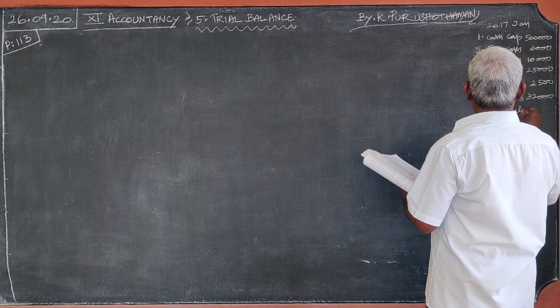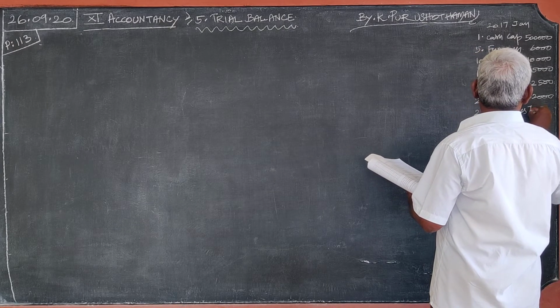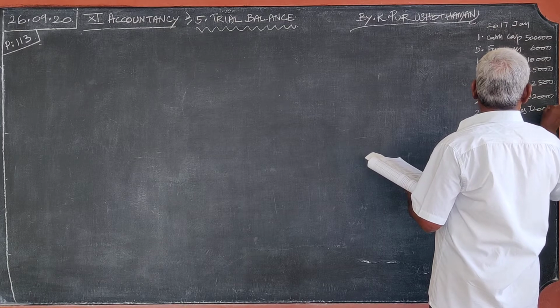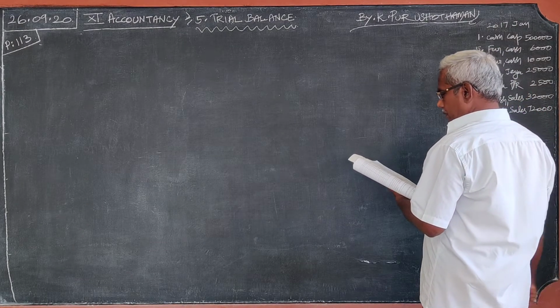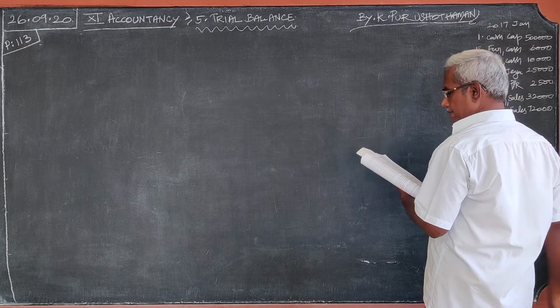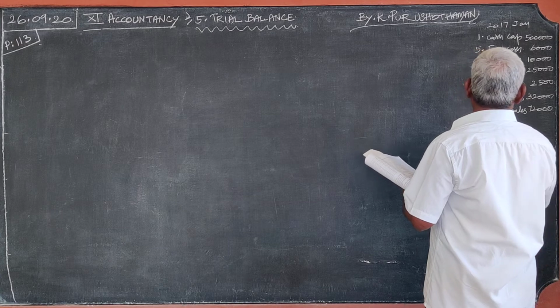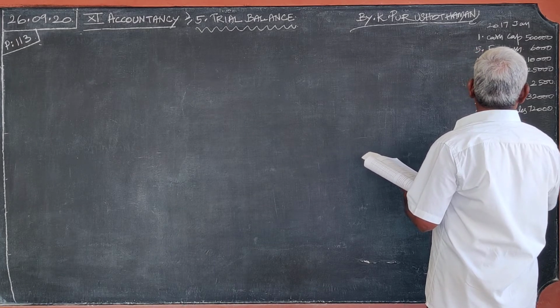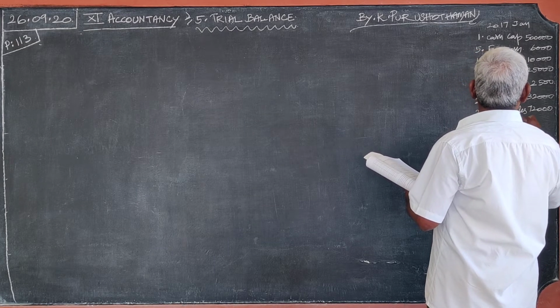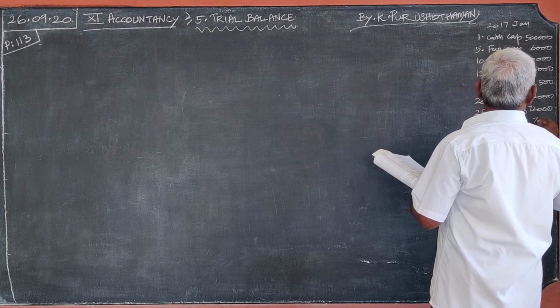Elizabeth to sales 72,000. Then after 25th to 30th, salaries paid to Krishna. Salaries to cash 7,000.